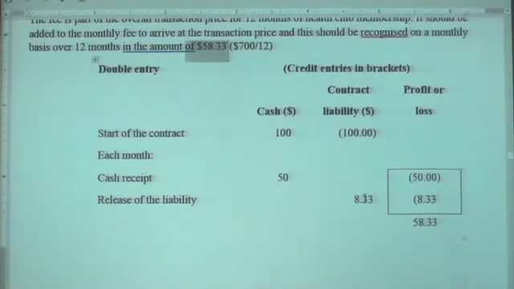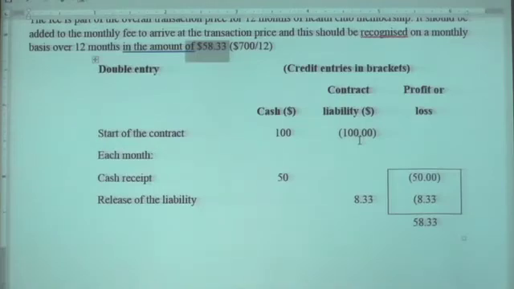Balance 8.33 will be taken from the liability you recognize. Therefore, monthly income double entry will be cash debit 50, liability debit 8.33. Total will be credited into the profit and loss.